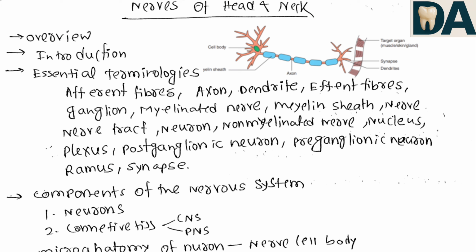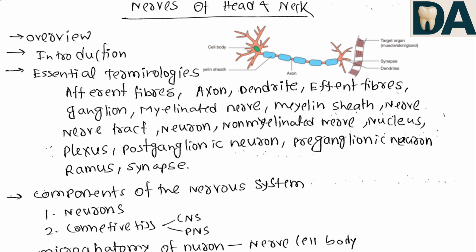Efferent fibers. Axons that carry impulses away from the central nervous system, they are also called motor fibers. Ganglion. A group of neuronal cell bodies sharing the same function, located outside of the central nervous system.